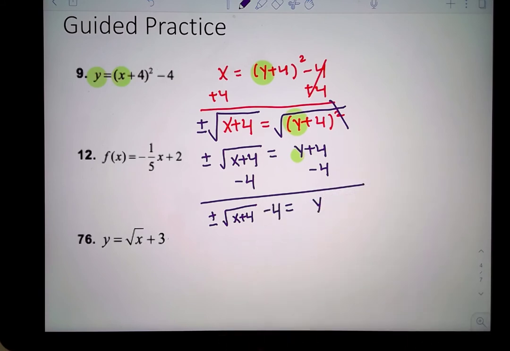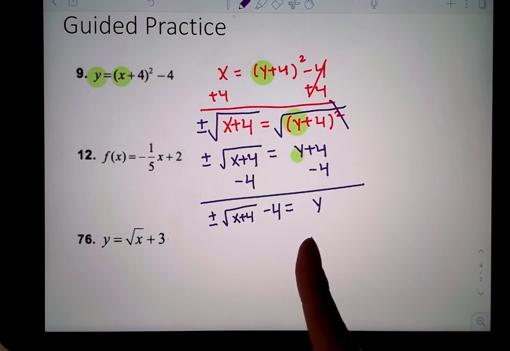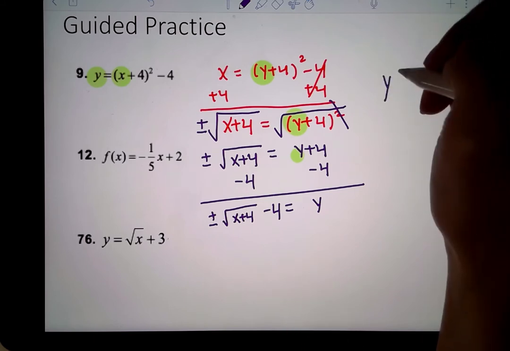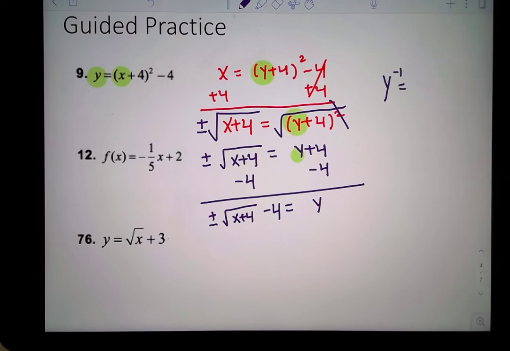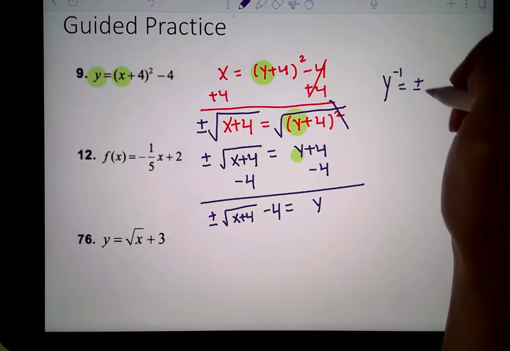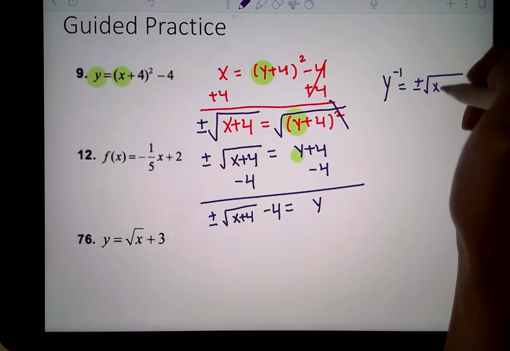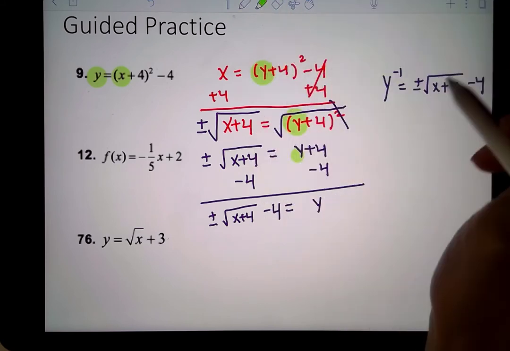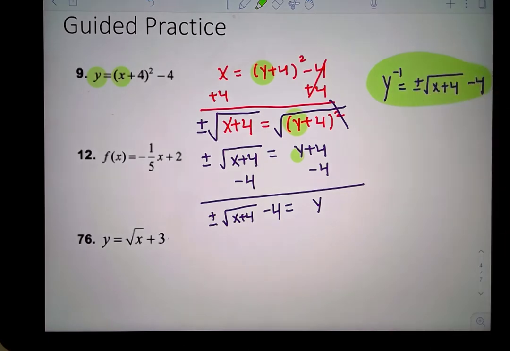This -4 is outside, not inside of the radical. So whenever you get this, your final answer, you write y inverse equals positive, negative, square root of x plus 4 minus 4. Done.